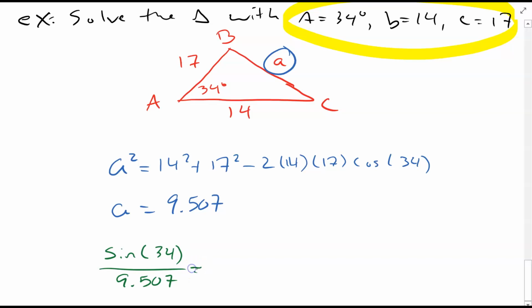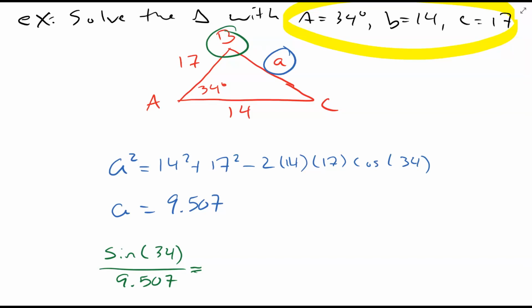Now in the side-angle-side situation, I have to be careful about which angle I solve for next. So I want to solve for angle B or angle C next. Angle B, how do I know? It's got to be smaller than angle C. How do I know it's going to be smaller?